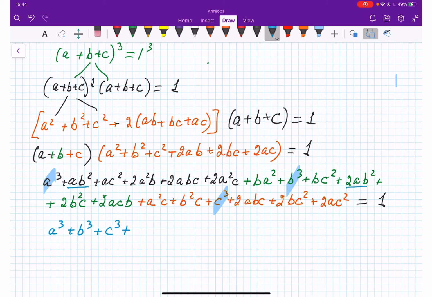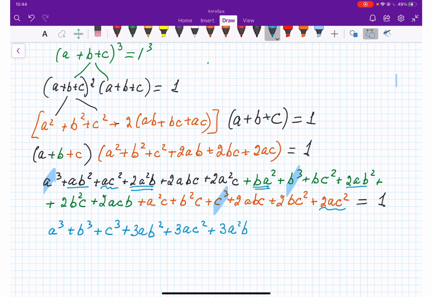So it's becoming 3AB squared already. Next, we are going to have AC squared plus 2AC squared, which is plus 3AC squared. And then 2A squared B. Where do we have A squared B? It's right here. It's going to be plus 3A squared B.